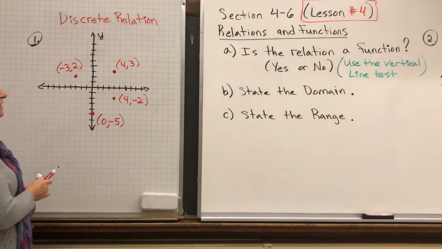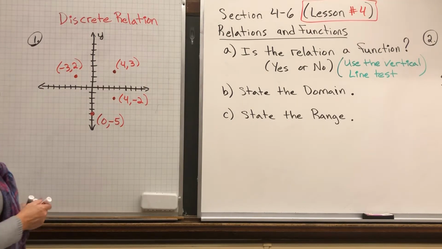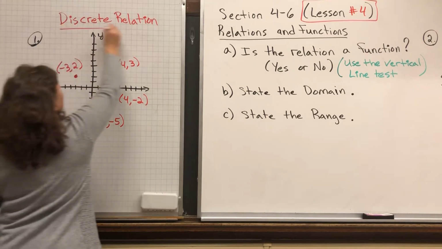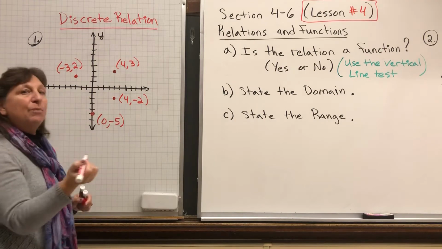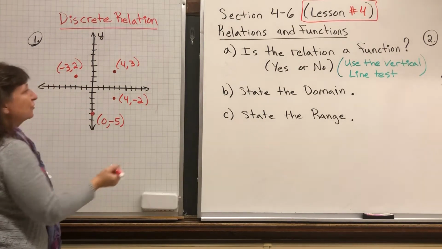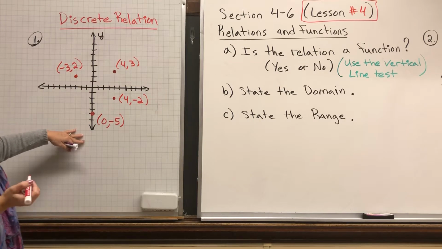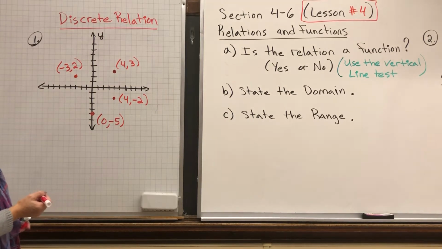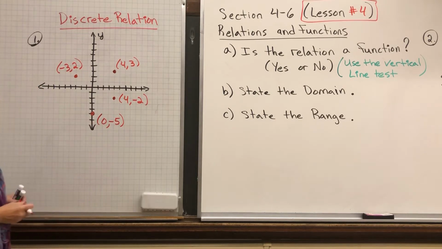So when I look at this relationship, and it is a discrete relationship, these are distinct points. You would have to pick the pen or pencil up off the graph paper in order to graph the next one. So this is a discrete relation. I'm just mentioning that so you can identify the difference between a discrete relation and a continuous relation.